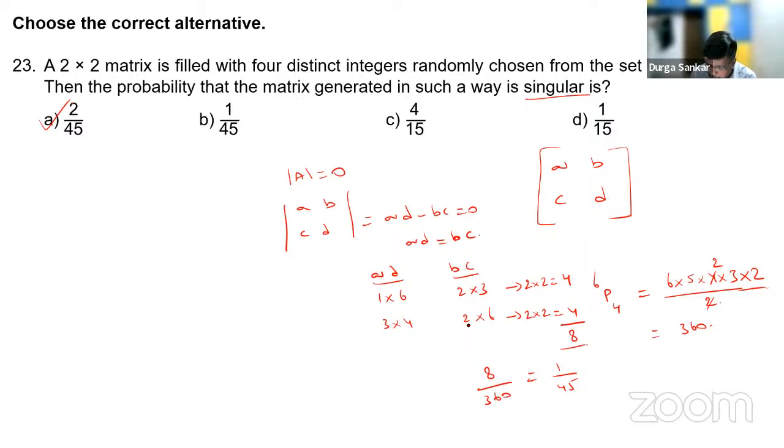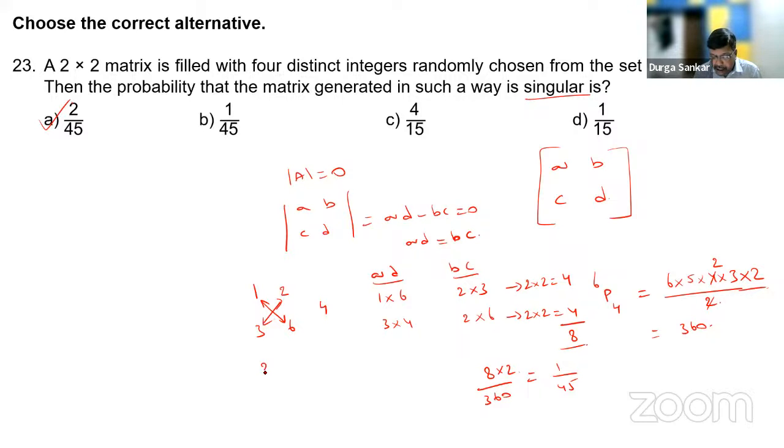I think it is 8 into 2. I did not multiply by 2. Why? Because if you see, I am saying A is 1, D is 6, B is 2, C is 3, right? Now 1 and 6 can be swapped, 2 and 3 can be swapped, right? So there are 4.